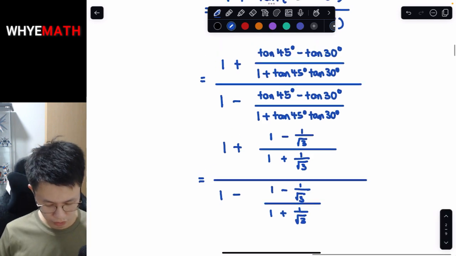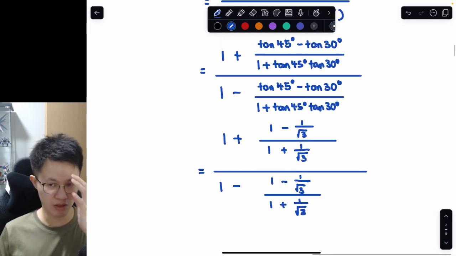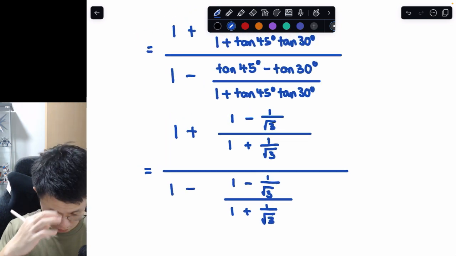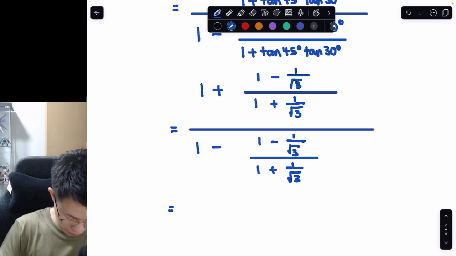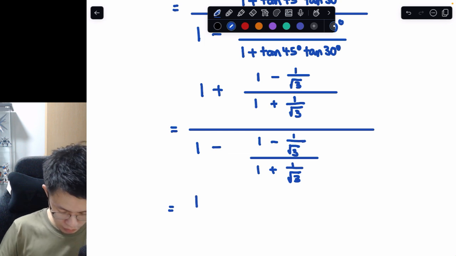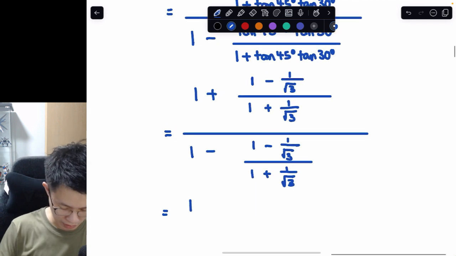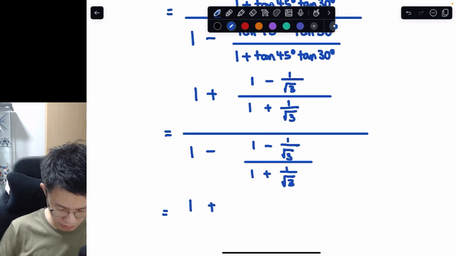Now we're going to deal with the fraction first, because it's not the best. I'm going to deal with the individual fractions and denominators and make it a fraction that I can deal with.